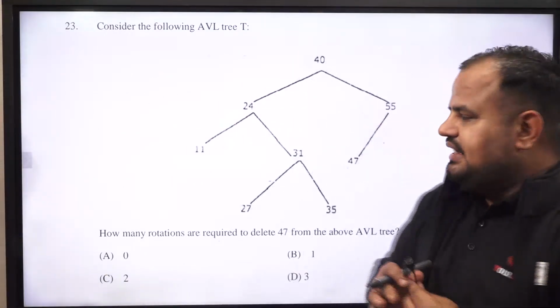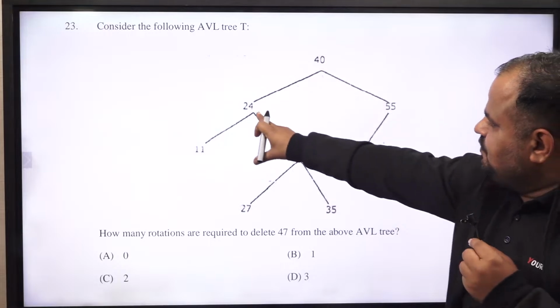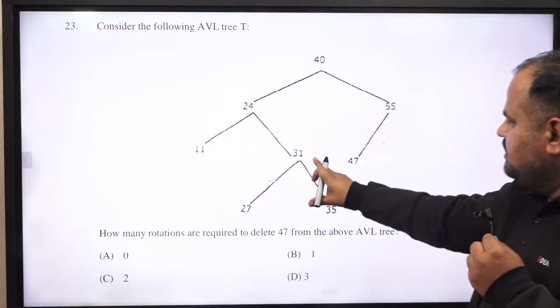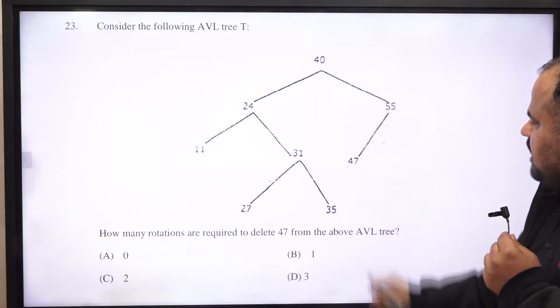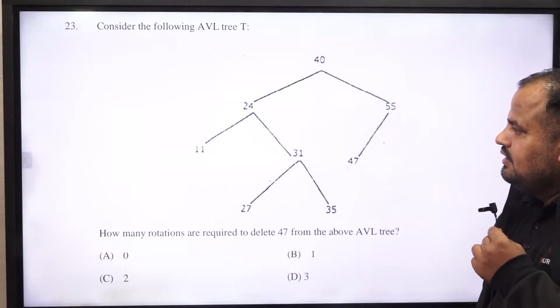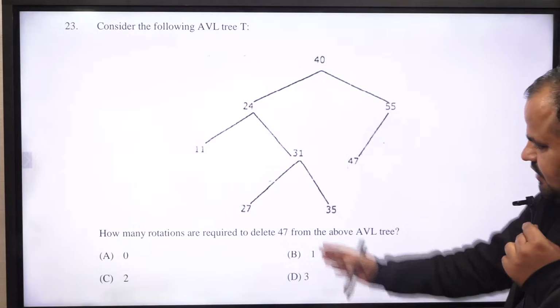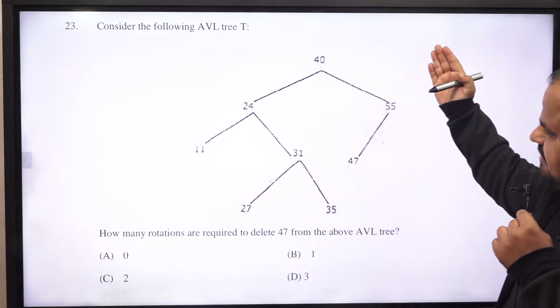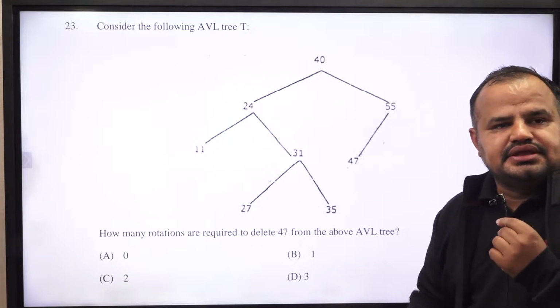So we have to delete the element 47, right? The elements are 40, 24, 11, 31, 27, 35, 55 and 47. Now tell me how many rotations we require if we delete the element 47 and then convert the given tree into an AVL tree.